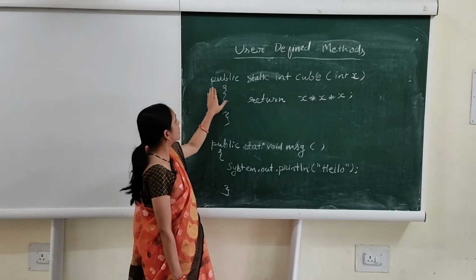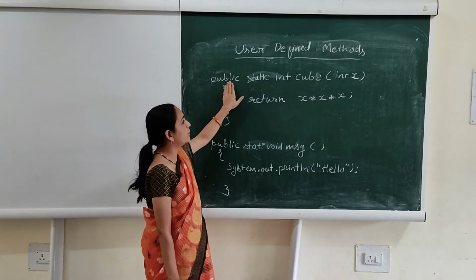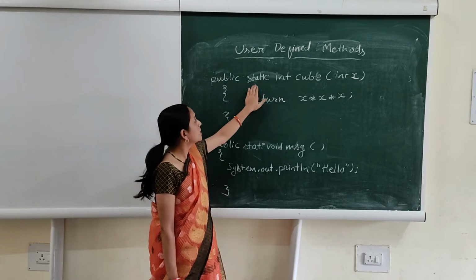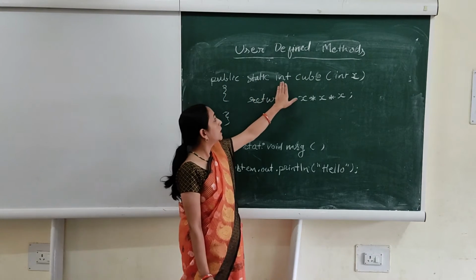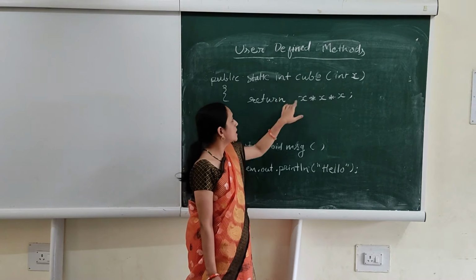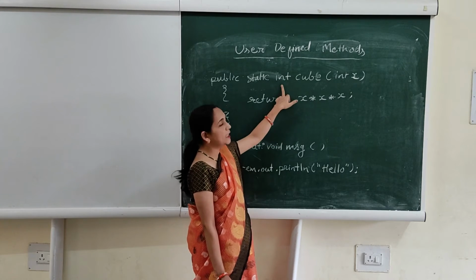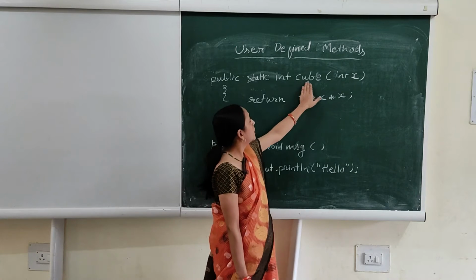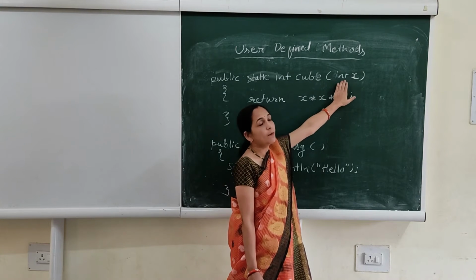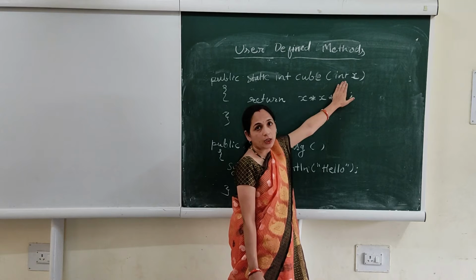So this is the example: public static int q and int x. It means this is public, so we can access this function anywhere. Then static, we can call this function without an object. Then int is the return type. It means this function is returning an integer type of value. Here q is the function name, and int x is the parameter or argument.